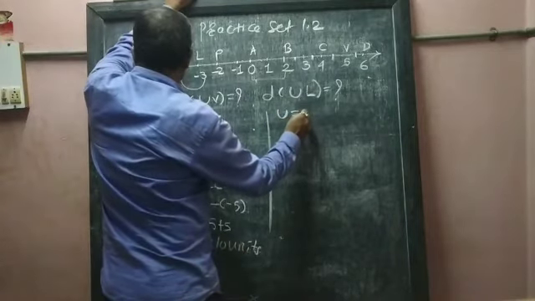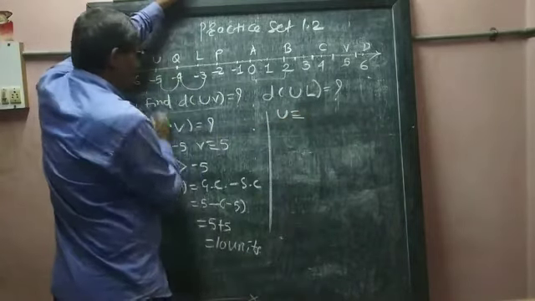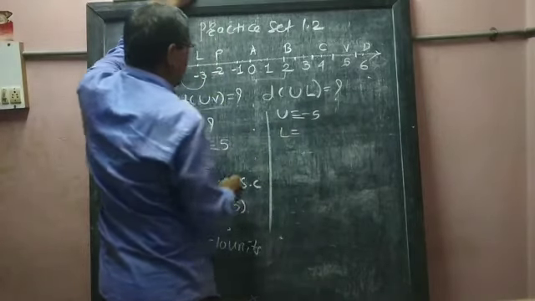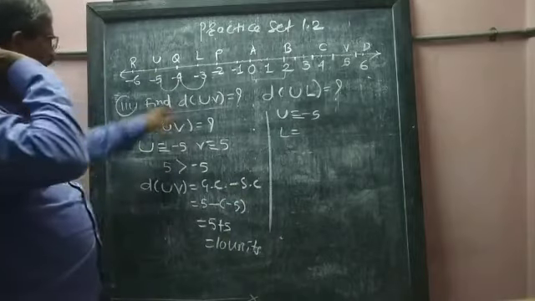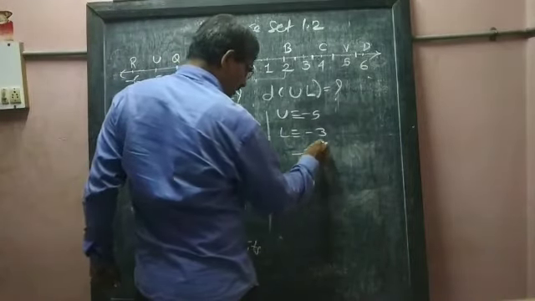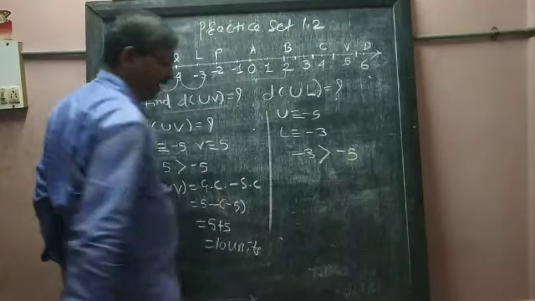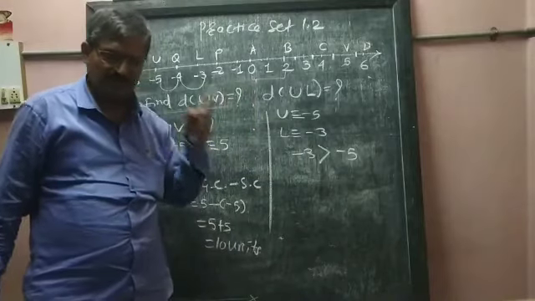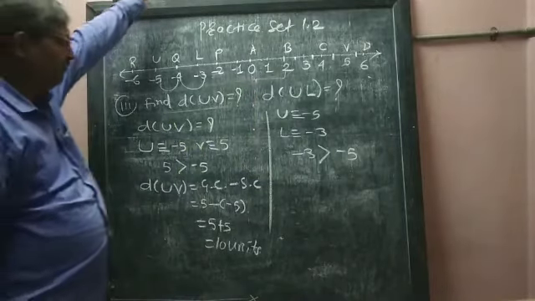Similar way, we will find distance of UL. Here coordinate of U is equal to minus 5. Coordinate of L, where is L? Check. Minus 3 is given here. Now who is greater? Minus 3 is greater than minus 5. Both are negative. The number with the smaller absolute value is always greater in case of negative sign.